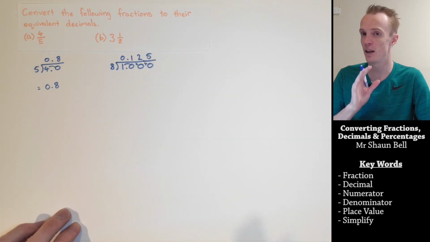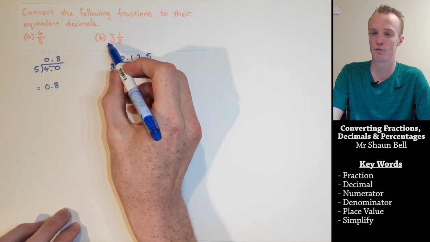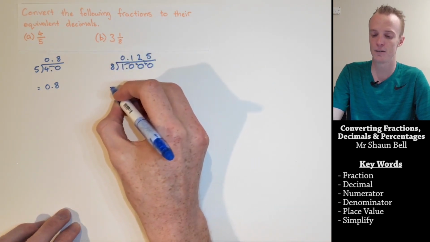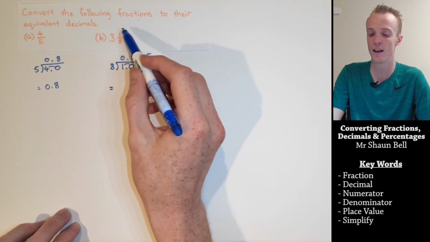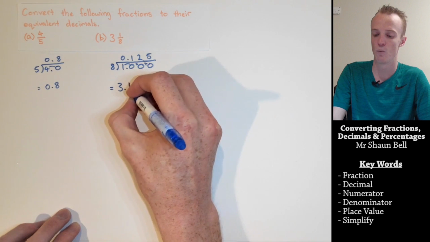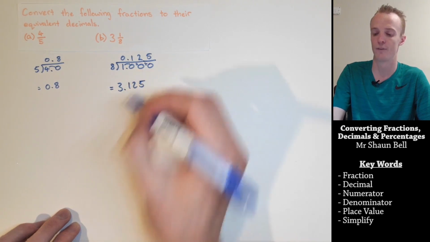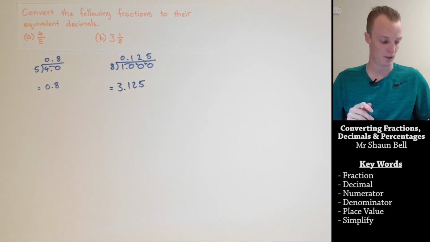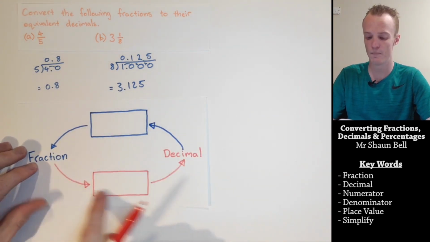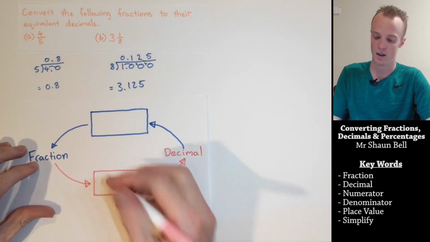But I need to be careful here. I do have 3 whole units that I need to add to this. So the decimal equivalent of 3 and 1/8 is 3.125.